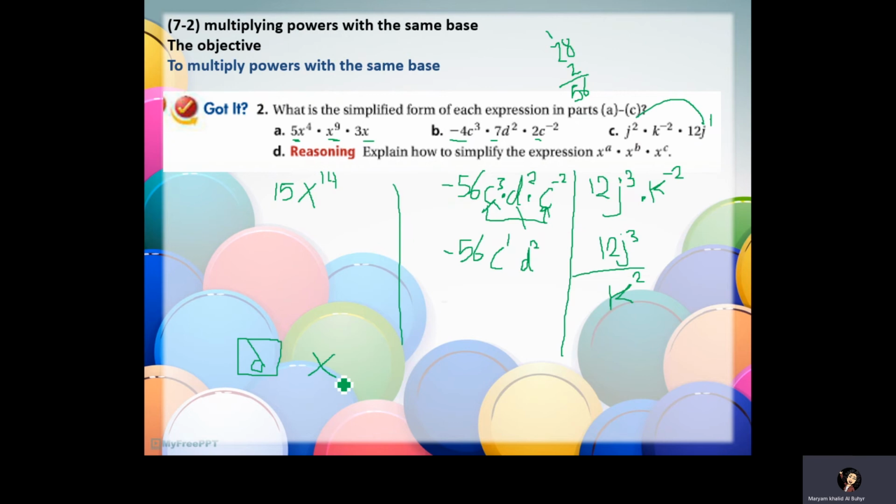So just say it's x to the power a plus b plus c. That's what we are doing in our mind here. We just calculate them directly. But here, since I have the same base, I'm going to add the powers. Exactly the same idea.